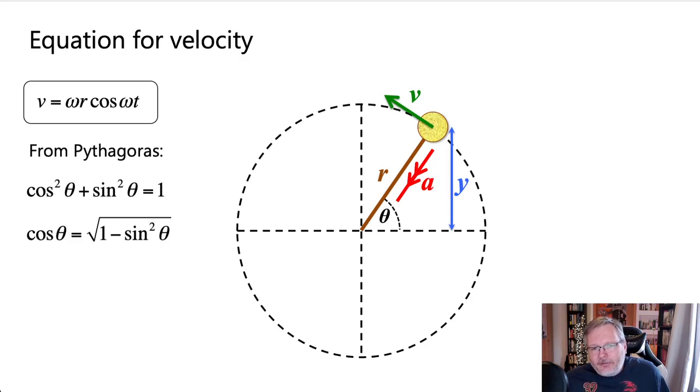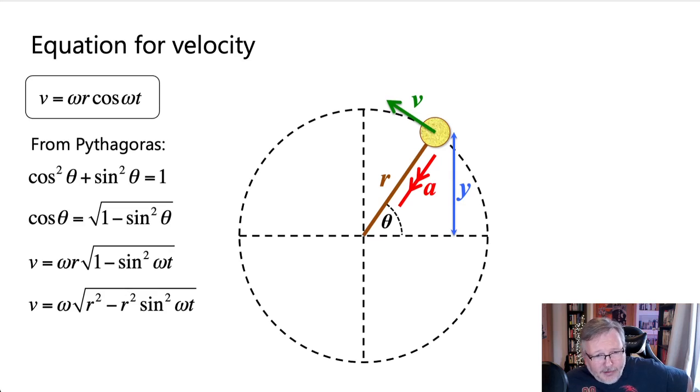Going back to that velocity equation to just develop one more of it, so v equals omega r cos omega t. Now you don't need to know this derivation, by the way, but it's nice to be able to see that it is there. It's not just being made up. Basic Pythagorean identity, cos squared theta plus sine squared theta equals 1, so cos theta equals square root of 1 minus sine squared theta.